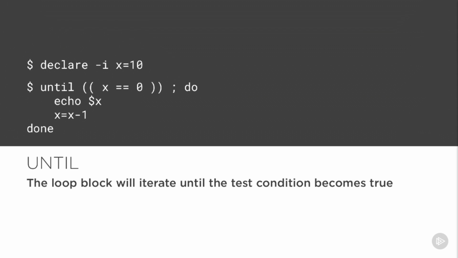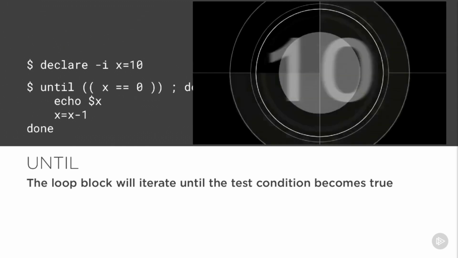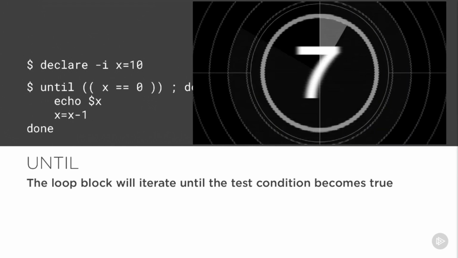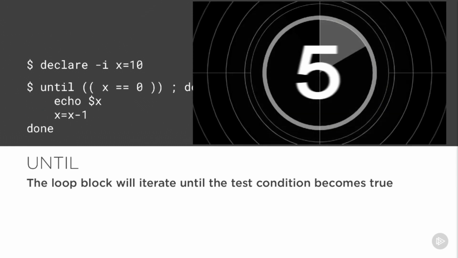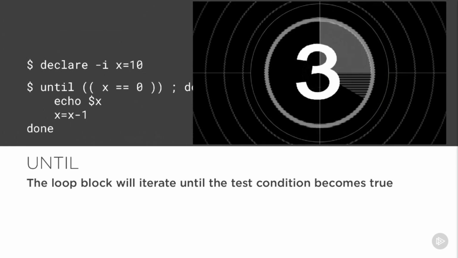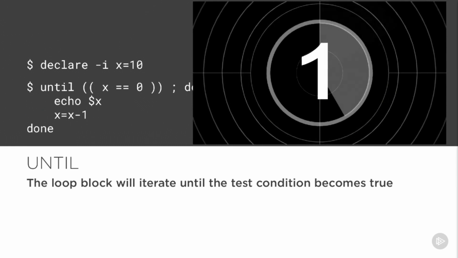And often it is just a matter of choice as to whether you use the until or while loop. But again, the process is going to be the same. We've got our do and done keywords, and our block is exactly the same, echoing out the value of the variable and then decreasing the value of x for each iteration. So we're going to be printing out then our value from 10 through to 1.